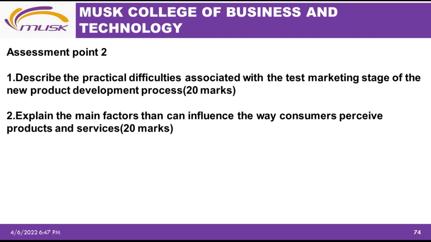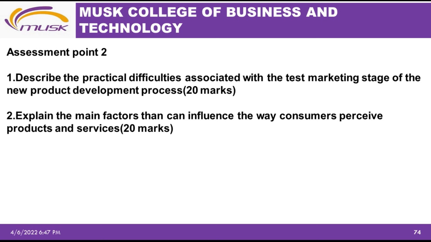So this is our final assessment point. Describe the practical difficulties associated with the test marketing stage. Remember the new product development stage, we have a number of them that we mentioned there. So we are focusing on the test marketing stage. Find out what are some of the difficulties associated with that particular point of product development.